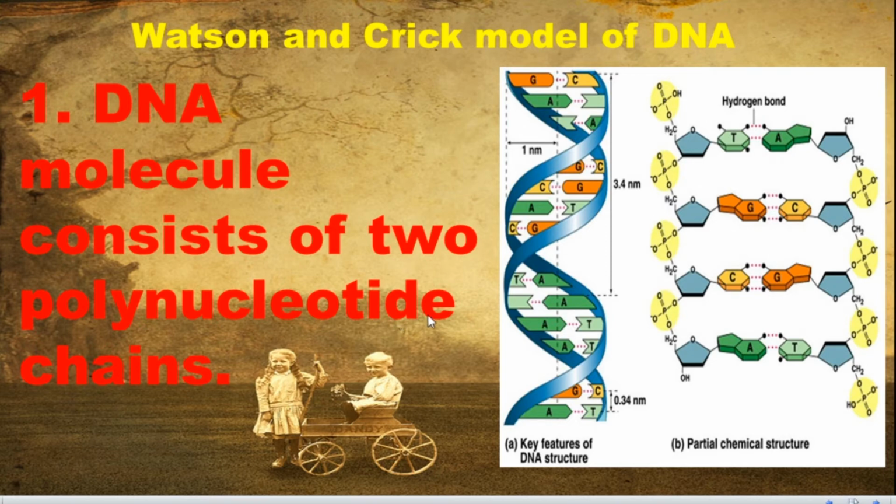So it's wrong. You have to be careful while writing this sentence: DNA molecule consists of two polynucleotide chains, not polynucleoside chains. So this is one chain, this is the other chain.